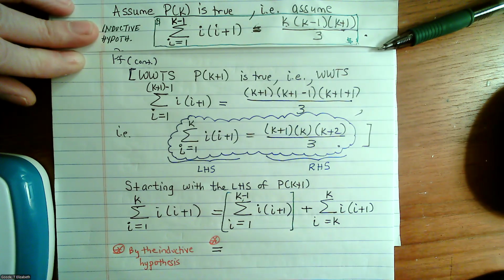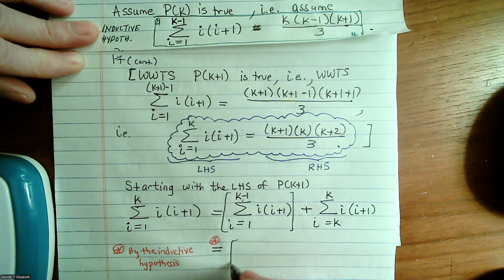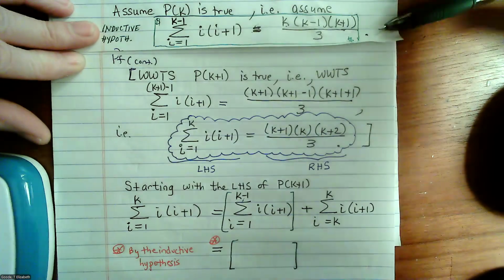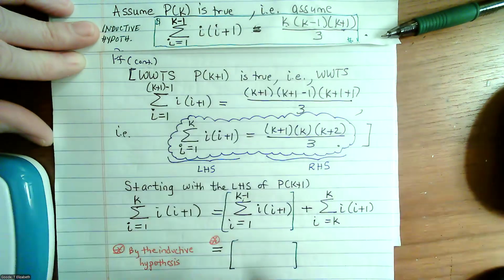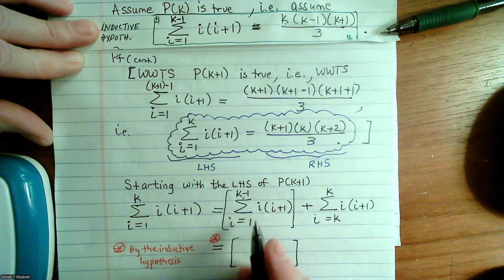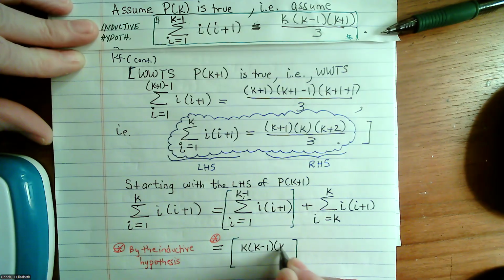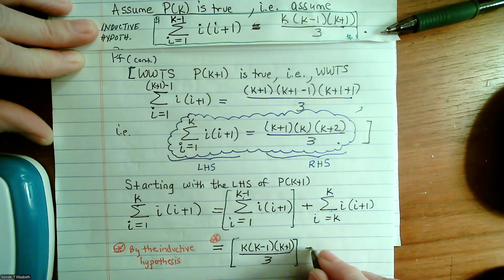But the point is, what happens from this step to this step can be completely mysterious if you don't remind the reader, oh, I'm using my inductive hypothesis that says that this sum looks like k times k minus 1 times k plus 1 over 3. And then we still can write this.